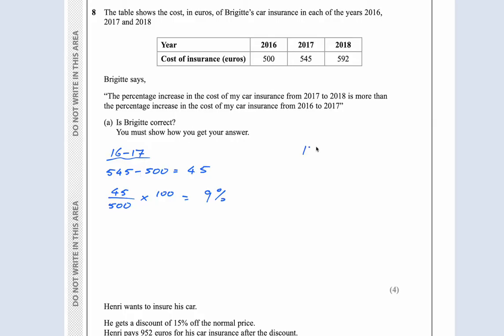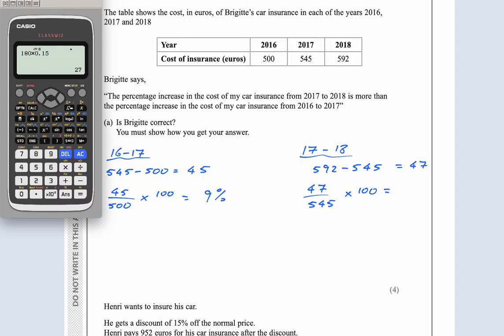From 17 to 18, the increase is 592 minus 545. The increase is 47. Then the percentage increase is 47 over the original, which now is 545, times 100.